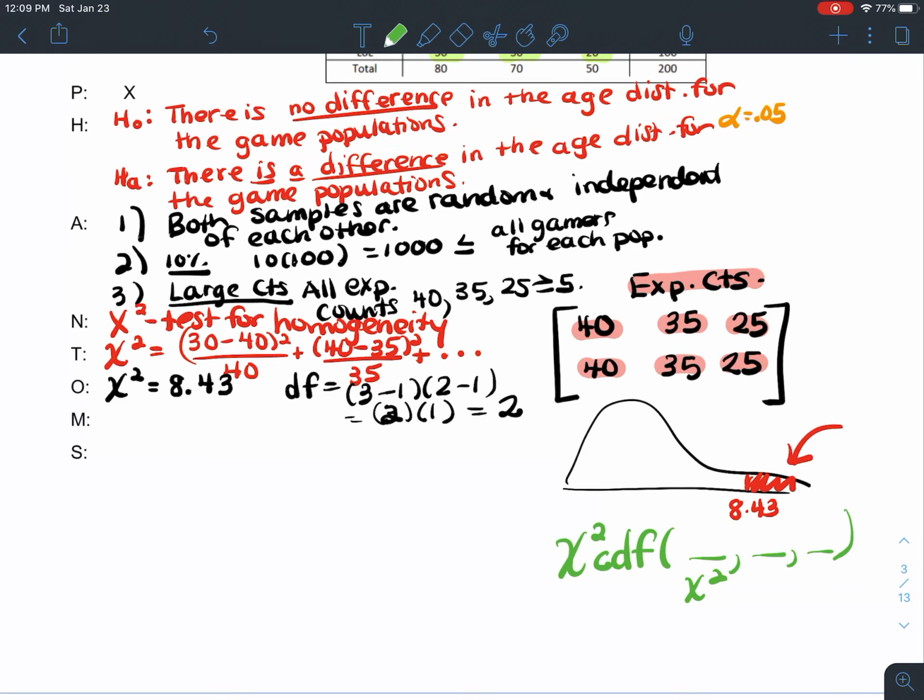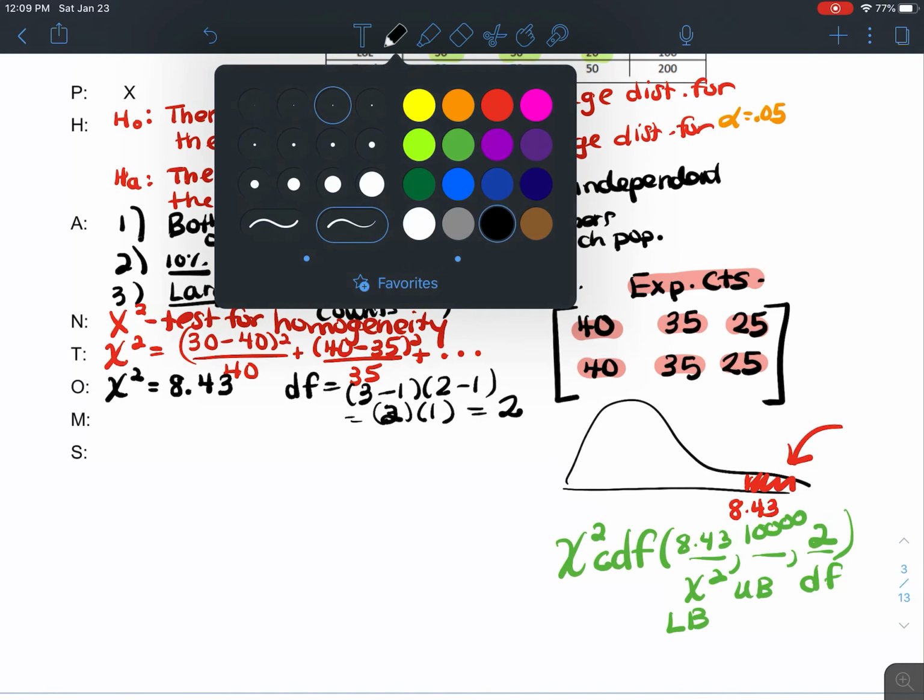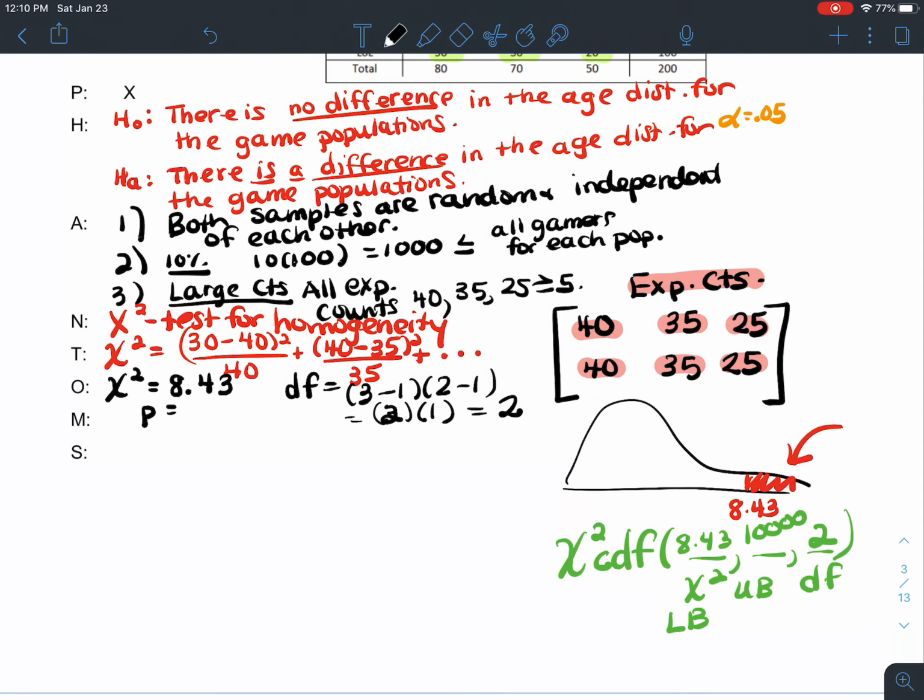The first input is actually your lower bound, which is the value of the chi-square test statistic. The upper bound, this is always a right-tailed test, so that'd be 10,000. And the last value is the degrees of freedom. If you type that in, you would get the p-value, the area under that curve, to be 0.015. 0.015 is the p-value.